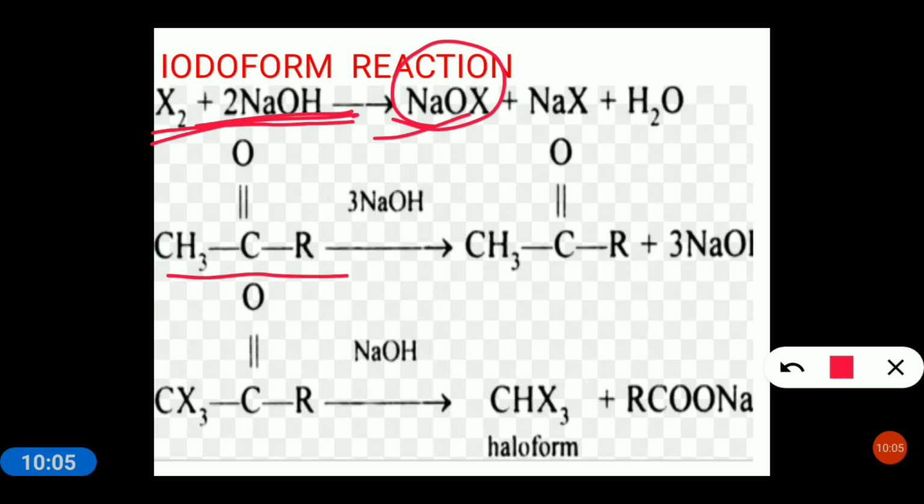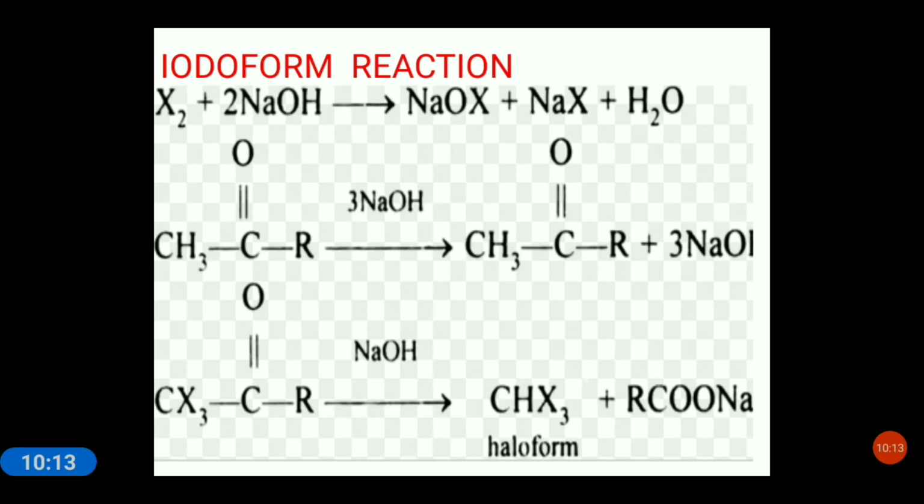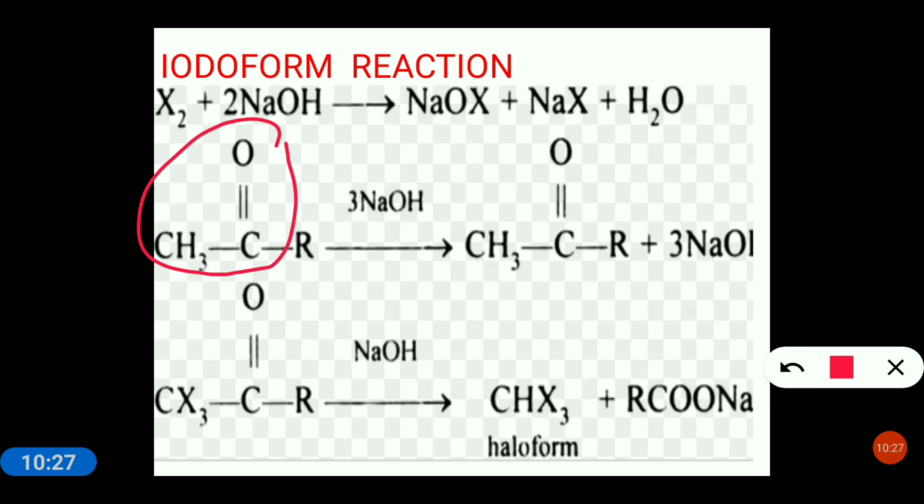So it reacts with the aldehyde or ketone, which should have this group present. The presence of the CH3CO group is mandatory for giving iodoform, so you can distinguish between aldehydes, ketones or alcohols. If the aldehydes or ketones have the CH3CO group, they will give the iodoform reaction, otherwise not.